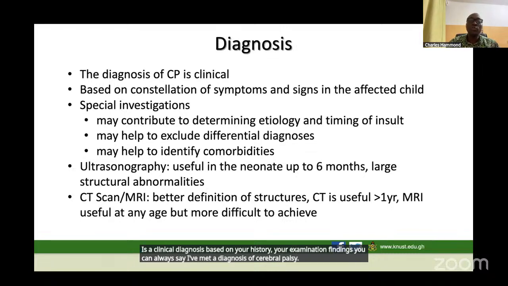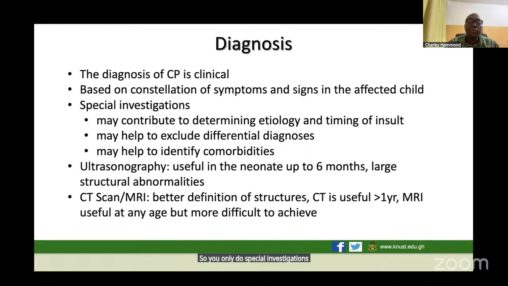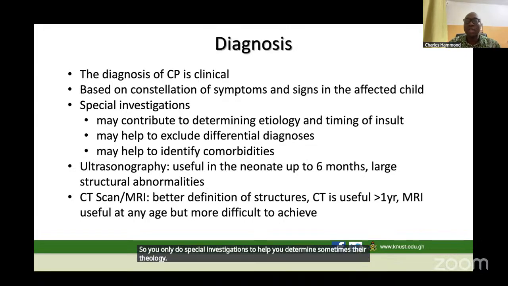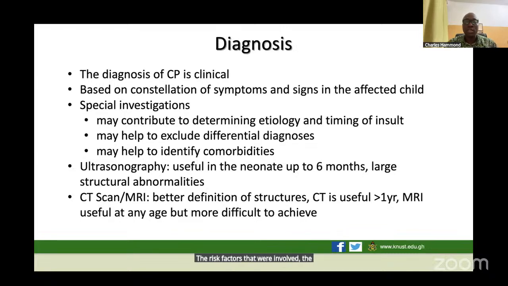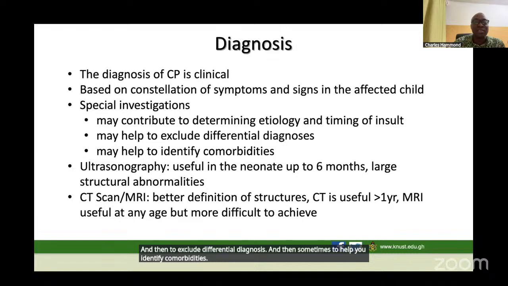So you only do special investigations to help you determine sometimes the etiology, the risk factors that were involved, the timing of the insult, and then to exclude differential diagnosis. And then sometimes to help you identify comorbidities. These are the reasons you would do special investigations.